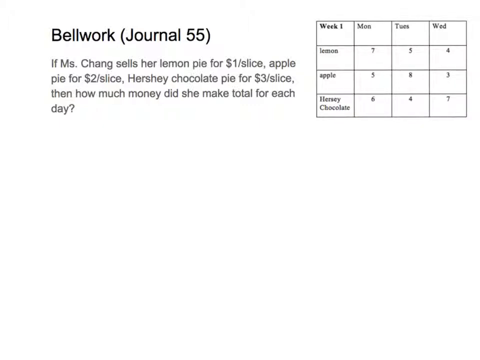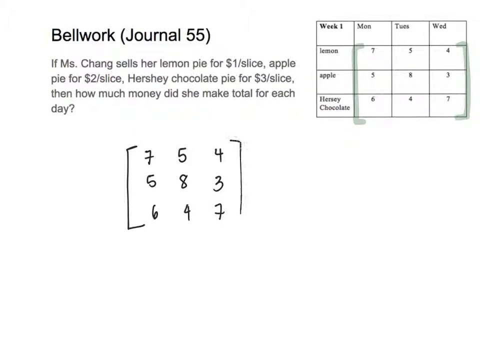So what I'm going to do is make it a little bit more organized by writing it as a matrix. So I'm just going to grab this here as my matrix because this represents my quantity of my pies. So week 1, I have 7, 5, 4, 5, 8, 3, 6, 4, 7. And so this represents week 1.